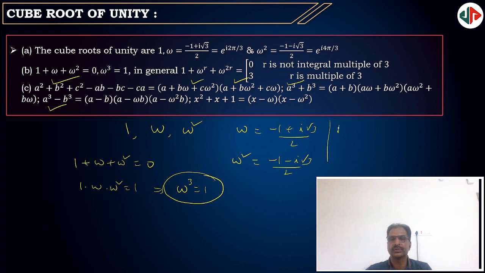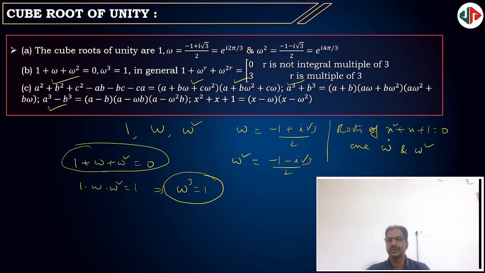Then what are the roots of x square plus x plus 1 equal to 0? They are omega and omega square, because these values satisfy that condition. So remember, whenever you come across the quadratic equation x square plus x plus 1 equal to 0, remember the roots are omega and omega square.